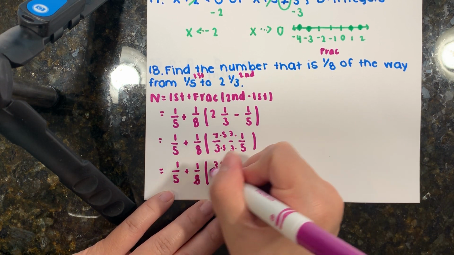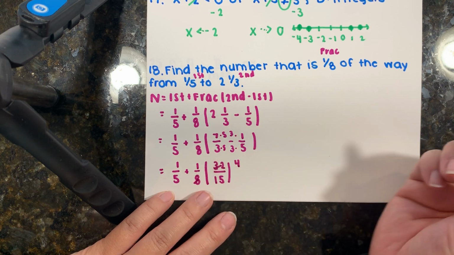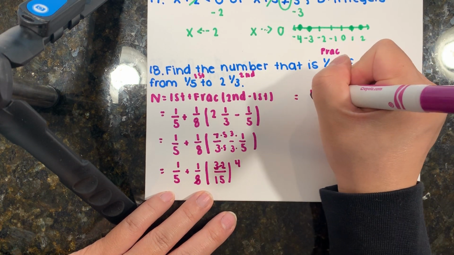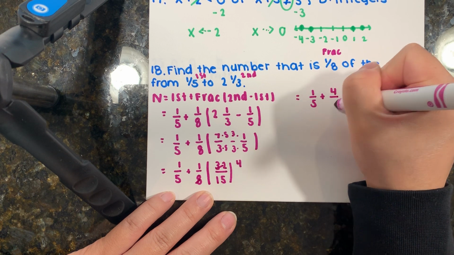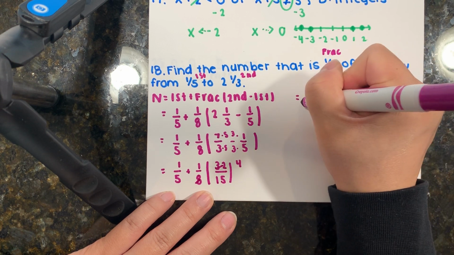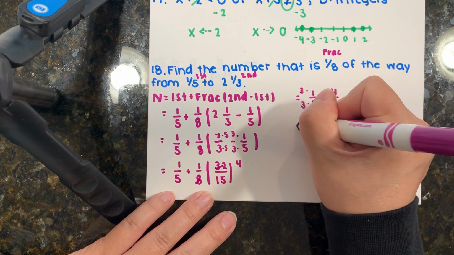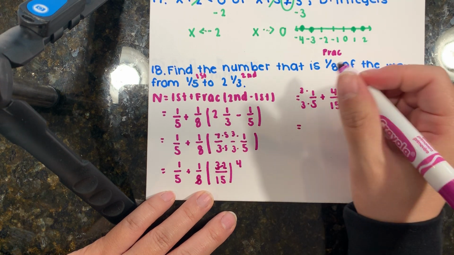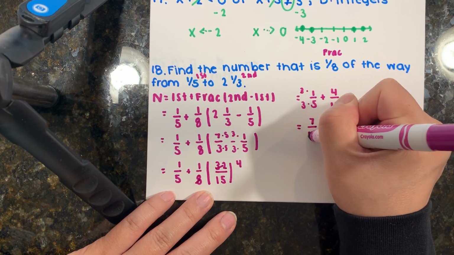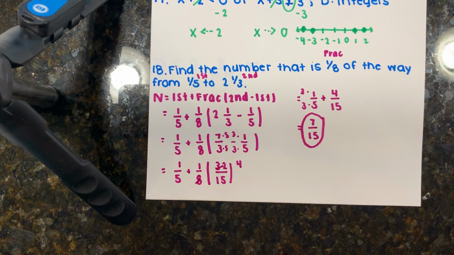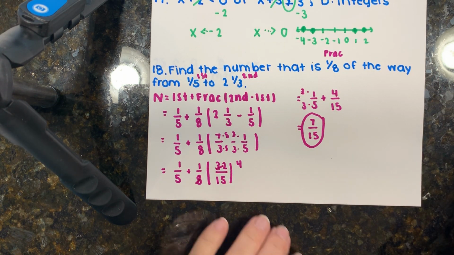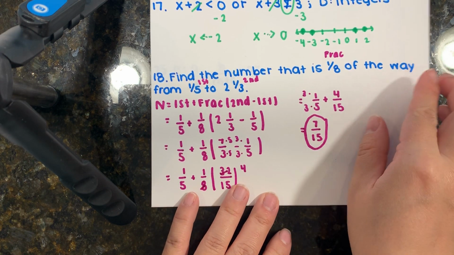Fortunately, 8 does go into 32 4 times. So really what we have is 1/5 plus 4/15, making our common denominator 15 again. 3/15 plus 4/15 would be 7/15, and that would be the result for number 18.